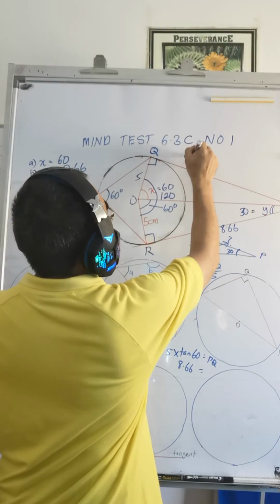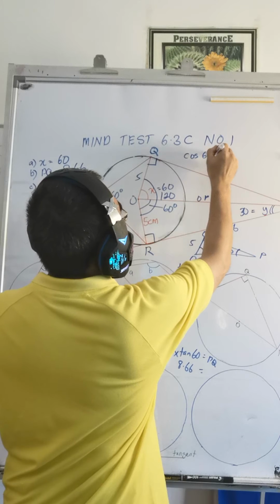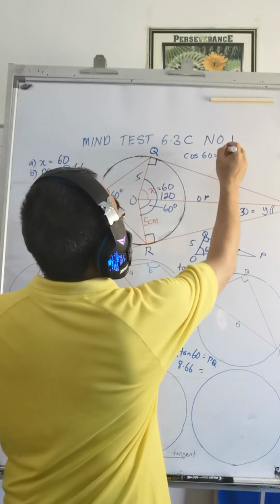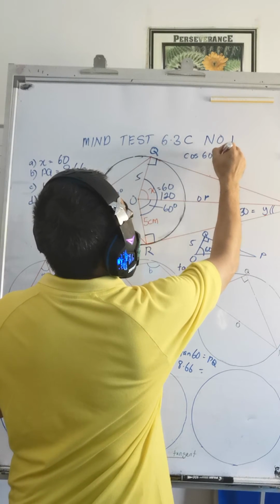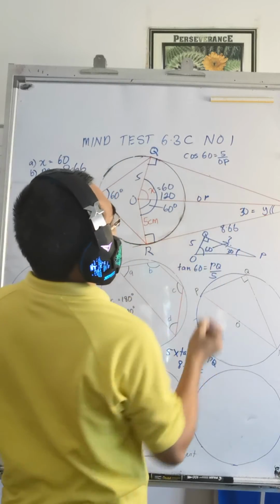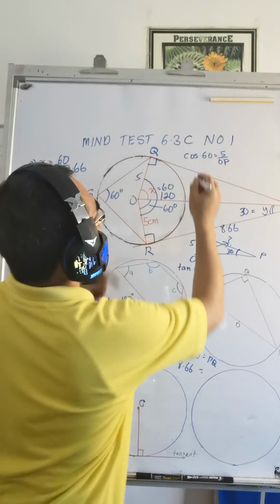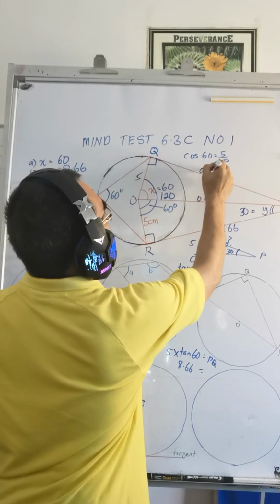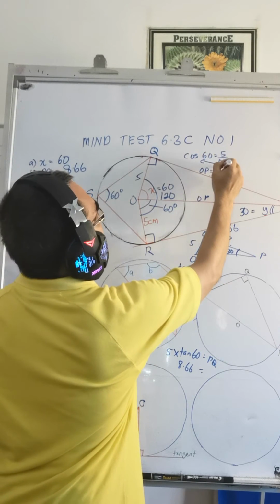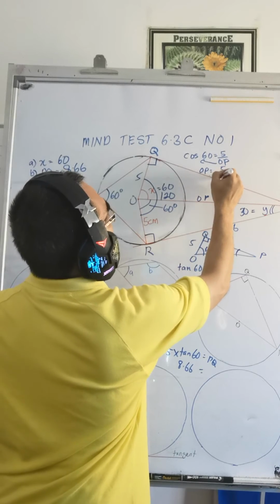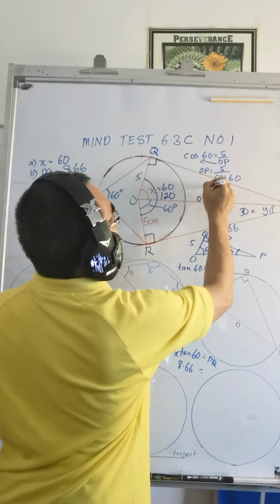So cos 60 equals 5 over OP. Because OP is what we want, we move it to the other side, so it becomes 5 over cos 60.